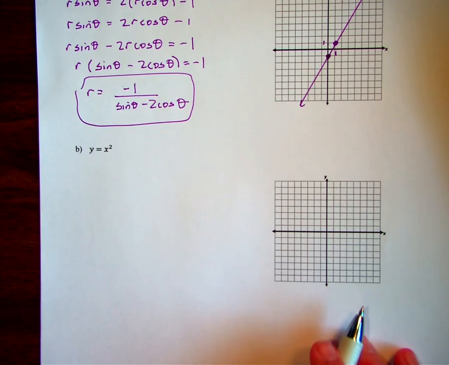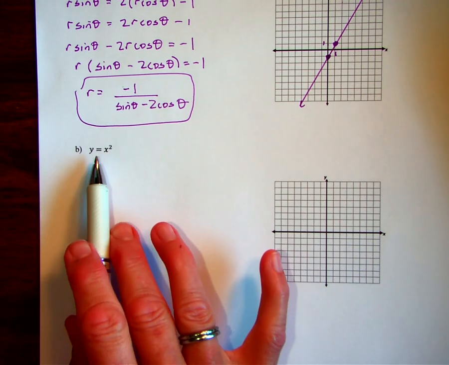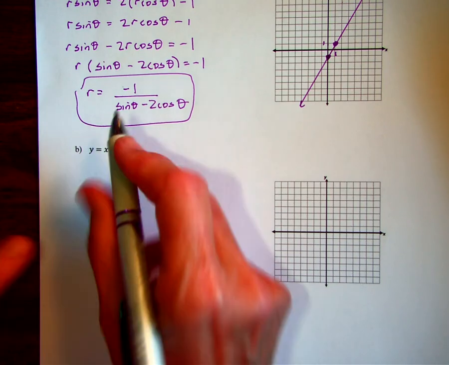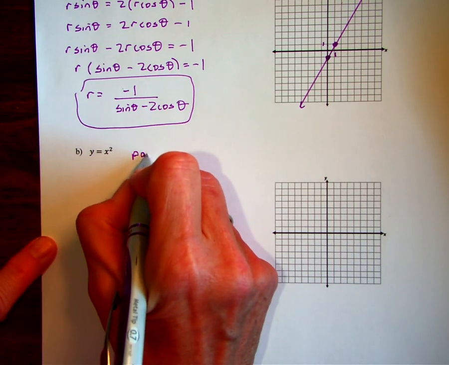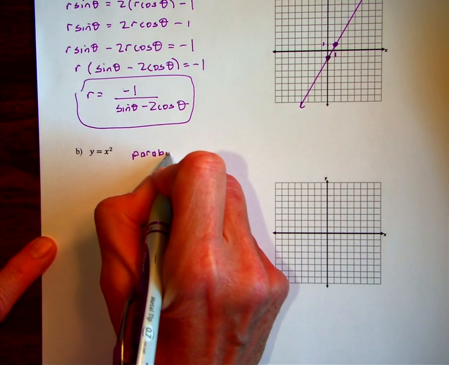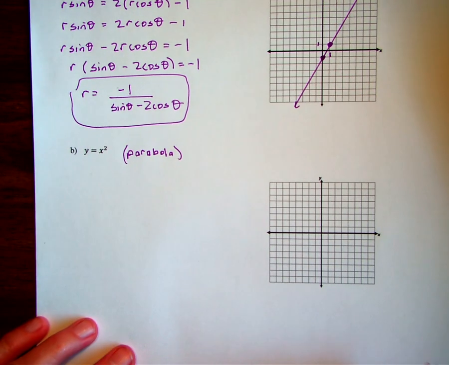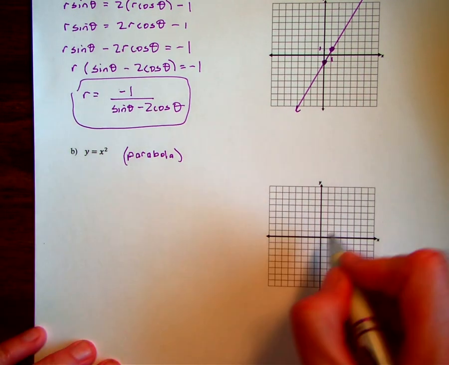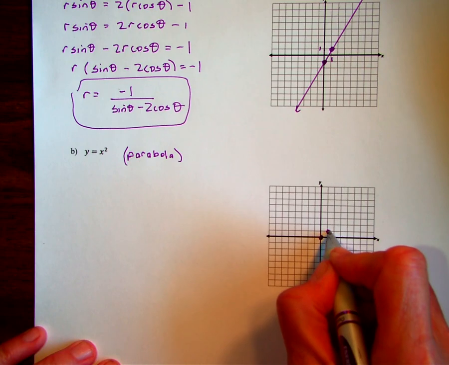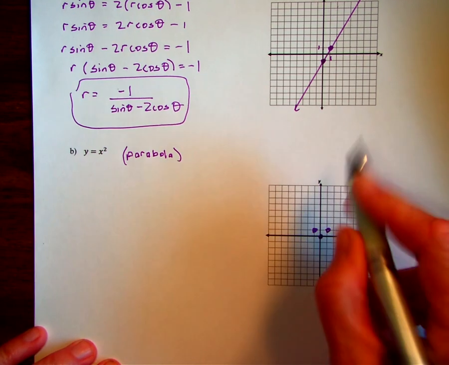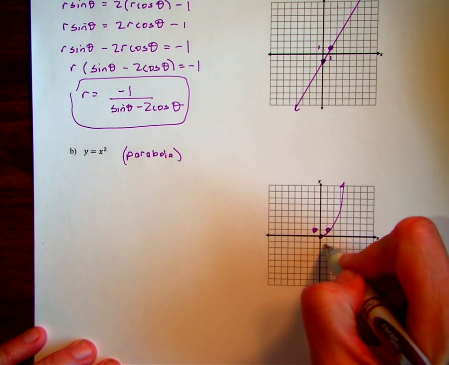All right, moving on. We're going to do another one. Here's rectangular. And hopefully you recognize that that's a parabola. One of the variables is squared, so it's a parabola. And it's my parent function parabola, so (0, 0), (1, 1), (-1, 1). So there's my parabola.